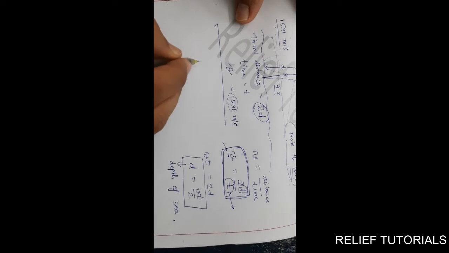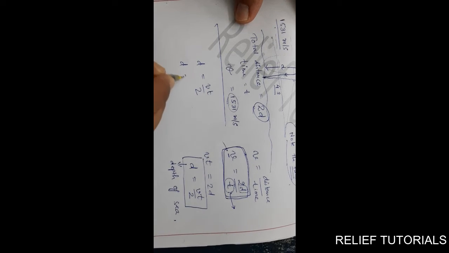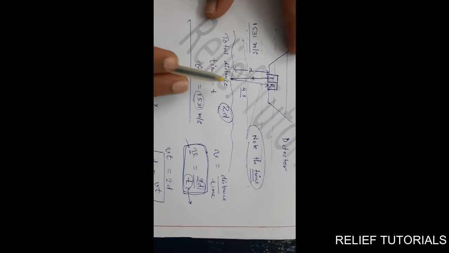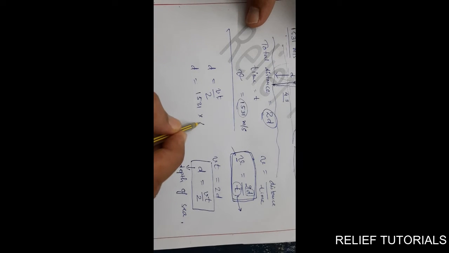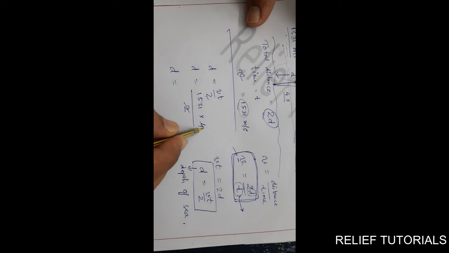If you put the values in the formula vt by 2, v means speed, given as 1531, into t, the total time, which is 4 seconds, upon 2. So put the values and calculate the answer. It will be 3062 meter.